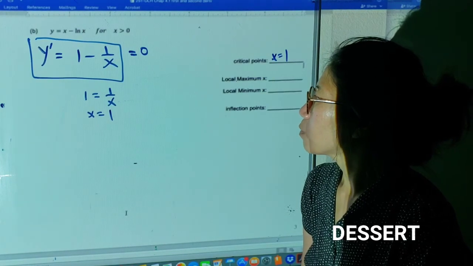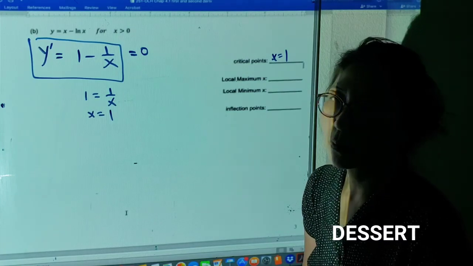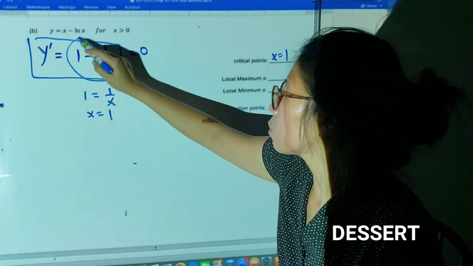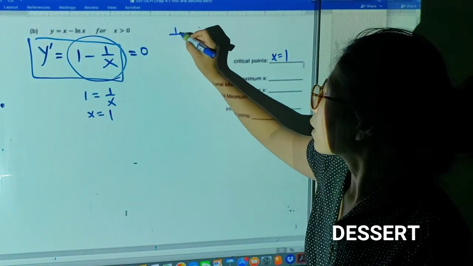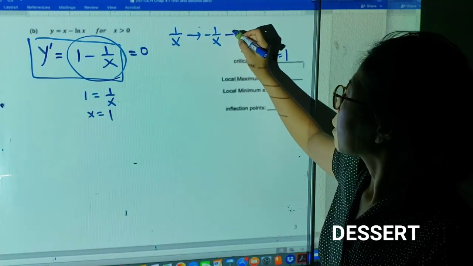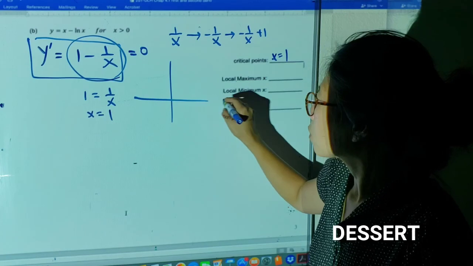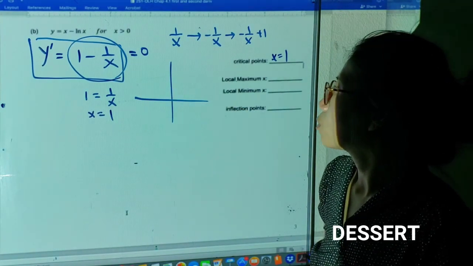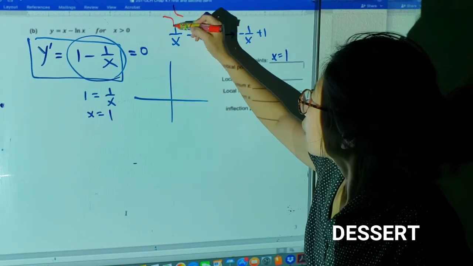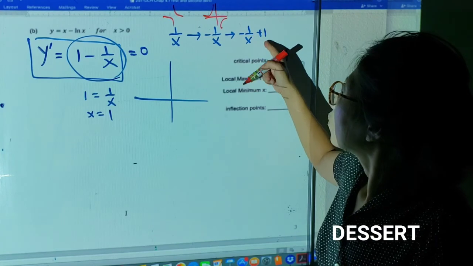Then we have to show whether this is going to be a local maximum or minimum. Uh-oh, how do I know? Do you guys remember how to graph this? Do you remember the 1 over x graph? And then do you know the 1 over negative x graph? And then we do plus 1. So let's look at the shape of the graph. 1 over x is this shape, and negative will be this shape, and then move up 1.